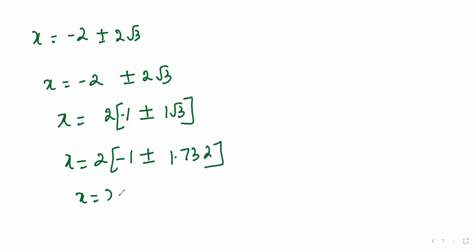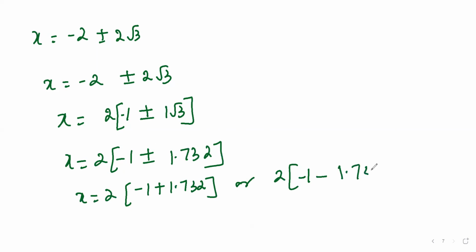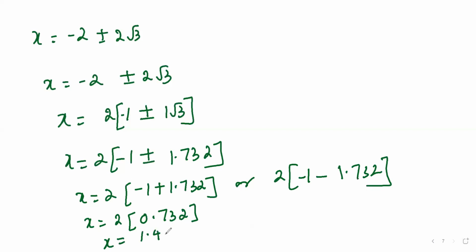So x would be 2 into, so you get 2 branches out here. So 2 into minus 1 plus 1.732, or 2 into, using the negative sign, minus 1 minus 1.732. We'll see. 2 into 0.732, and yeah, you can see it, isn't it? 1.464.